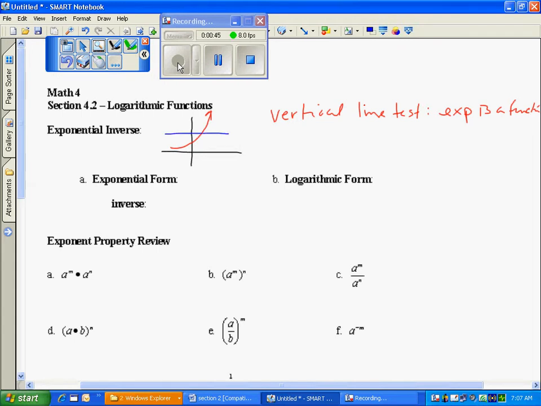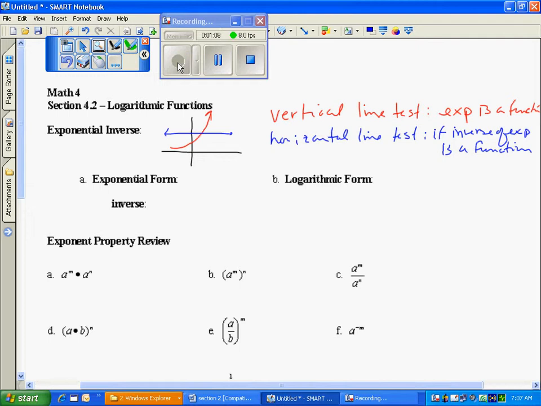We use another line test, if you recall, called the horizontal line test. That's to determine if the inverse of an exponential is a function. Since the horizontal line test passed, the inverse of this exponential function is a function itself.